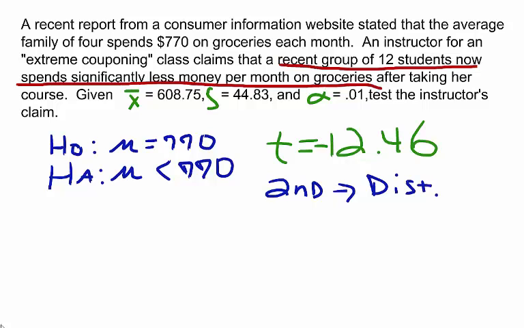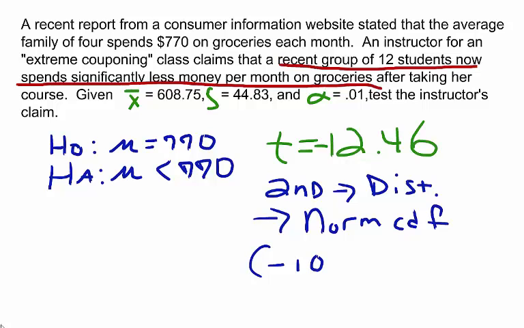Second, distribution, normal CDF. We'll establish a lower and upper bound. Your lower bound, we'll use negative 100. And actually, any value, negative 5 or below, will work. We just need to establish a value that's off the lower end of the curve. Our upper bound, we'll put negative 12.46.